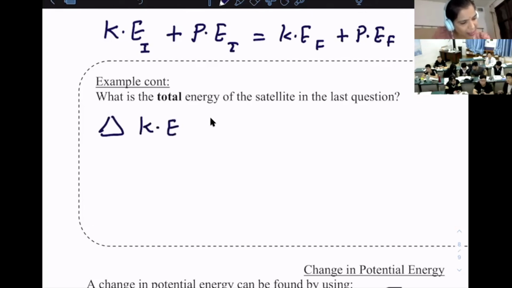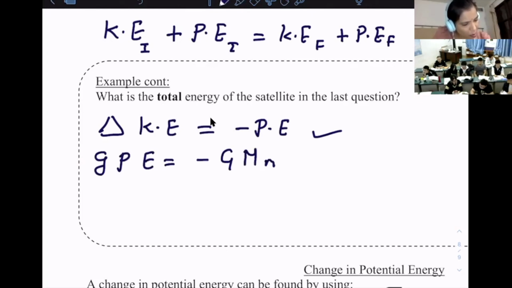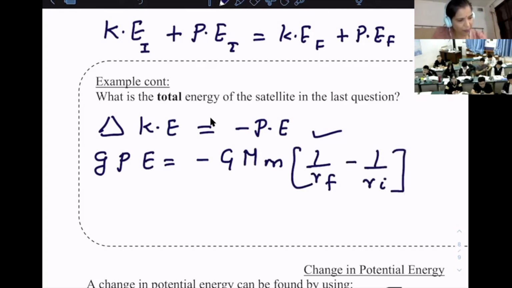Change in the kinetic energy is negative change in potential energy, and the gravitational potential energy change is minus GMm times 1 over Rf minus 1 over Ri. So these equations are really important.